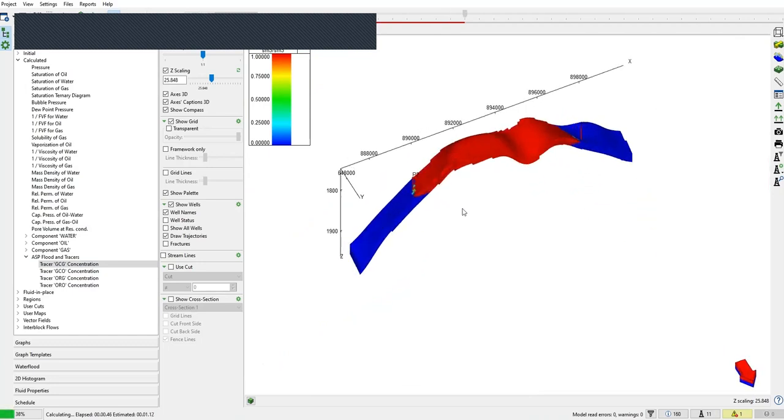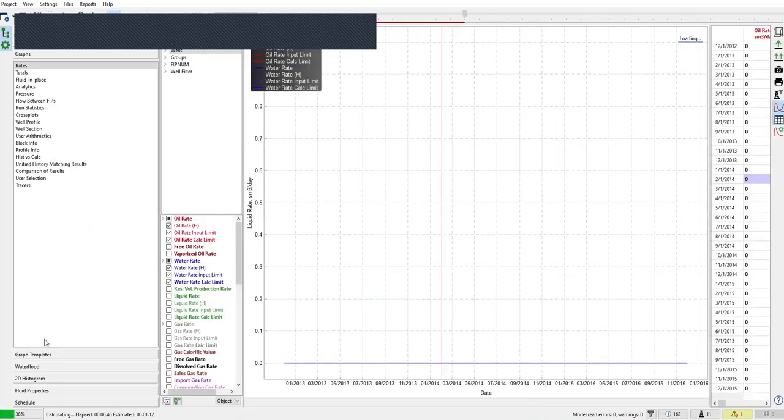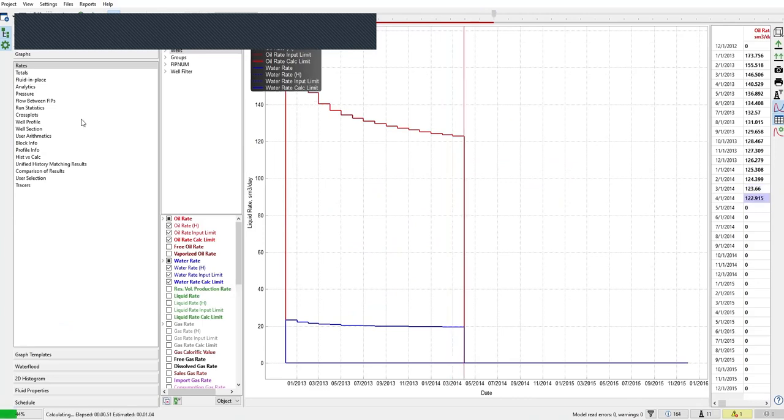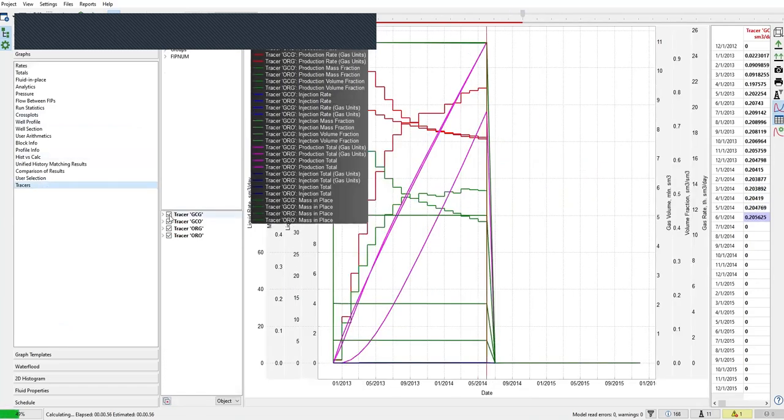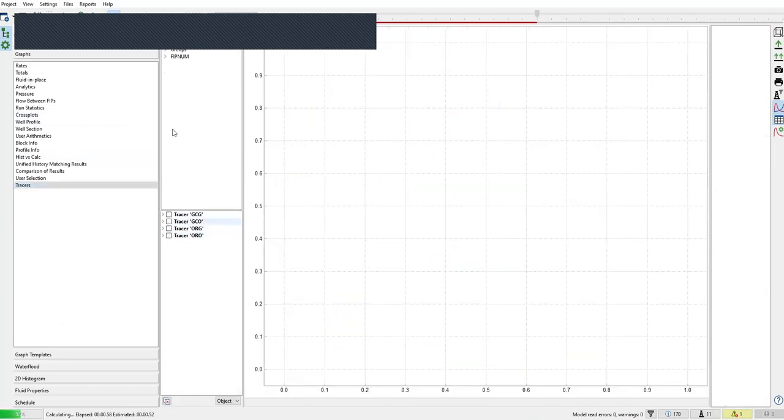And during this calculation, we can go to graphs. Yeah, you can get the rate, but the thing that I want to show you is the tracer here. Uncheck everything. You can monitor here.